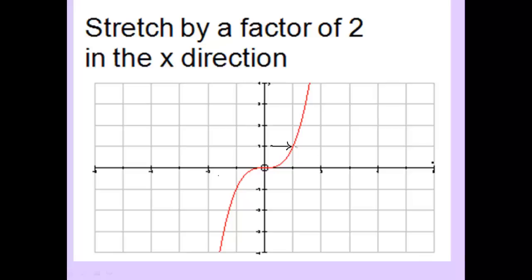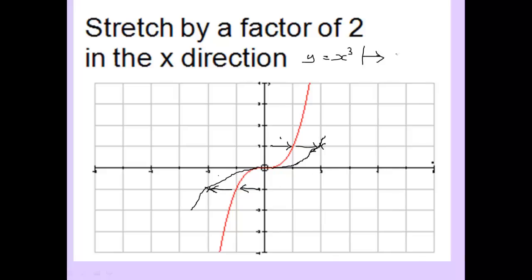So that distance there will then double to that distance there. This distance here, and we're looking here at the x distance, so we're looking at from the y-axis, will double to there. And the same will be true of every point on the curve. The distance from the y-axis will double, because that's 2.